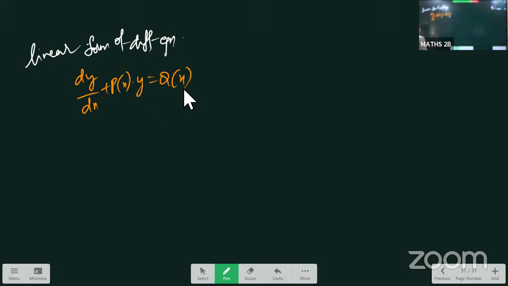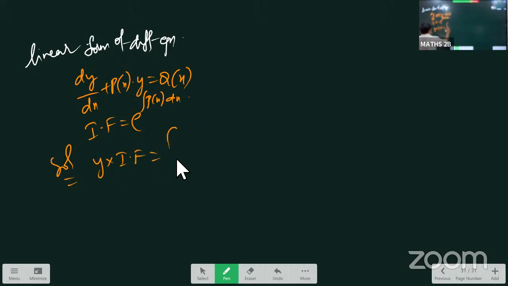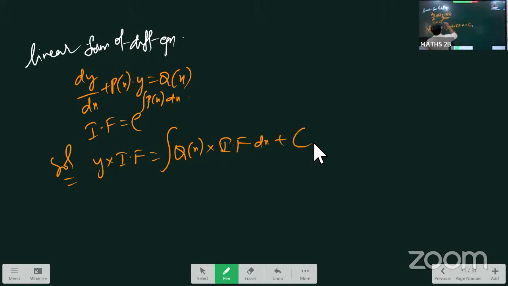Now this compulsorily should be in this form. Then you are going to find the integrating factor, e to the power integral p of x dx. Then your solution will be y into integrating factor equals integral of q of x into integrating factor dx plus c. Is it clear?